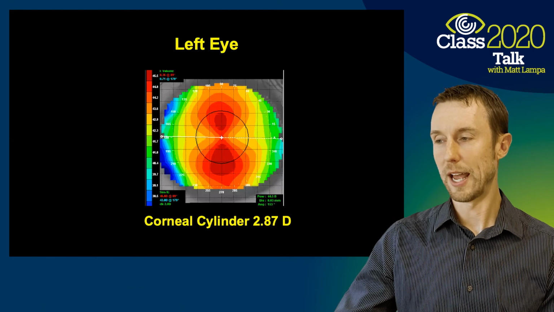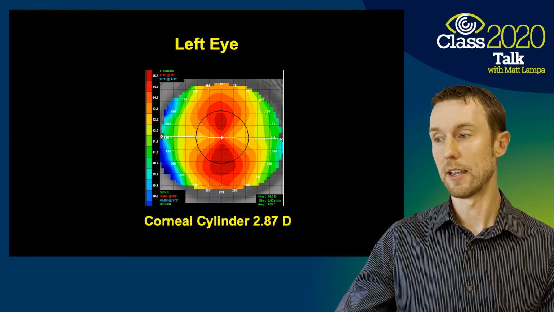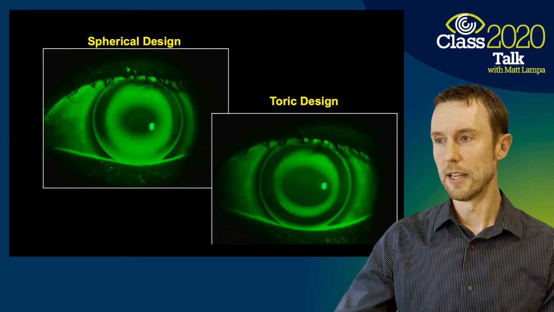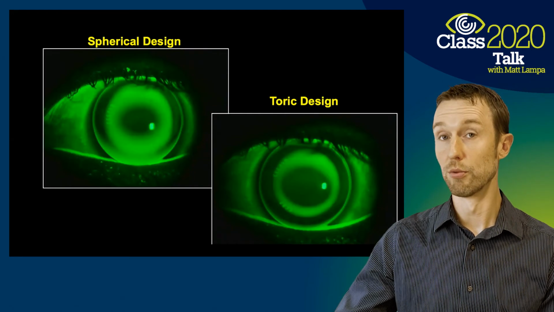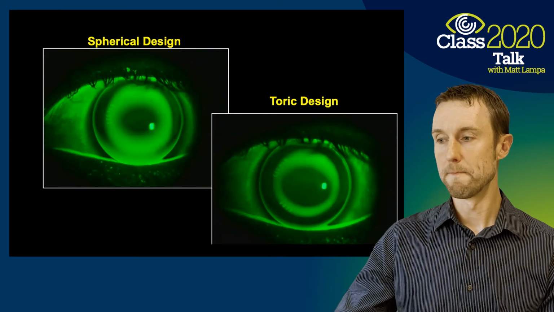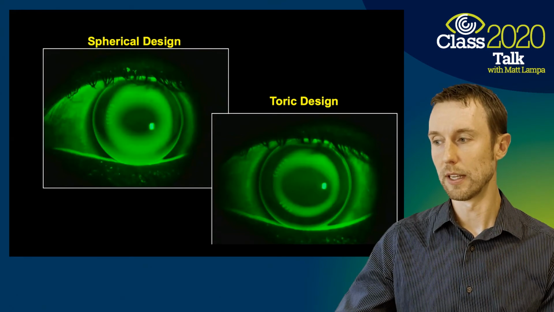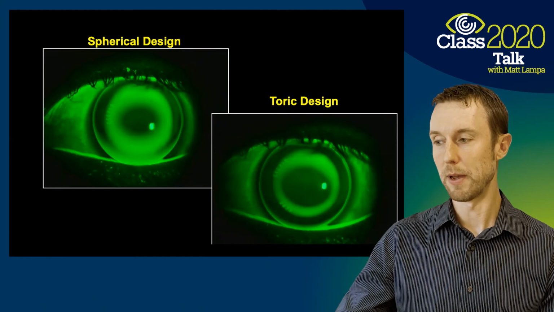And what about what happens in the patient's left eye? Well, if we go ahead and design our lens spherical top left, you really see how much lack of landing we have in that inferior portion of the lens. And then now making the lens toric bottom right, we get a much better landing.